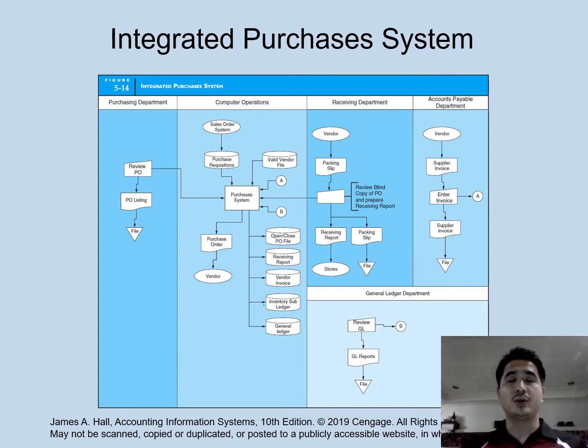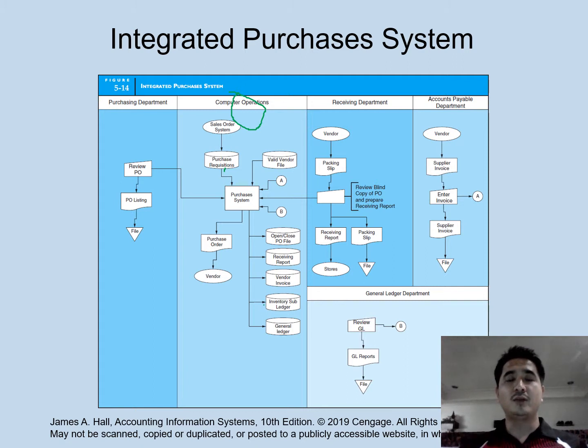Another important thing that you can notice is that there is a computer operations department added here. Okay, and you do not see the inventory control department anymore, because the task of the inventory control department of updating the subsidiary ledger is now under the computer operations department.